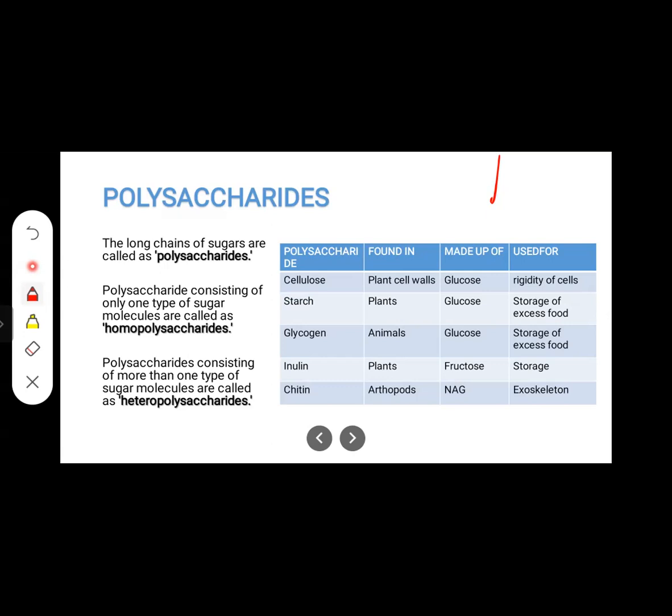Or which of the following polysaccharides is responsible for rigidity of the cells? And there will be 4 different options. So just try to remember this table. Don't try to mug up the table. Try to understand how it is functioning. Try to imagine the diagram. That makes it easy to remember, and practice more bits.